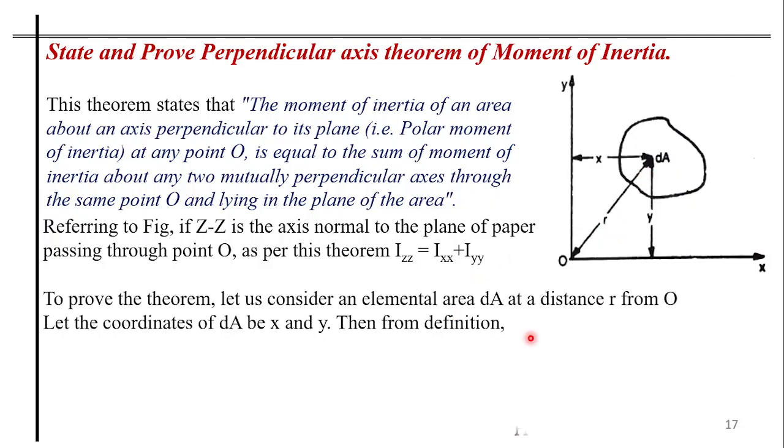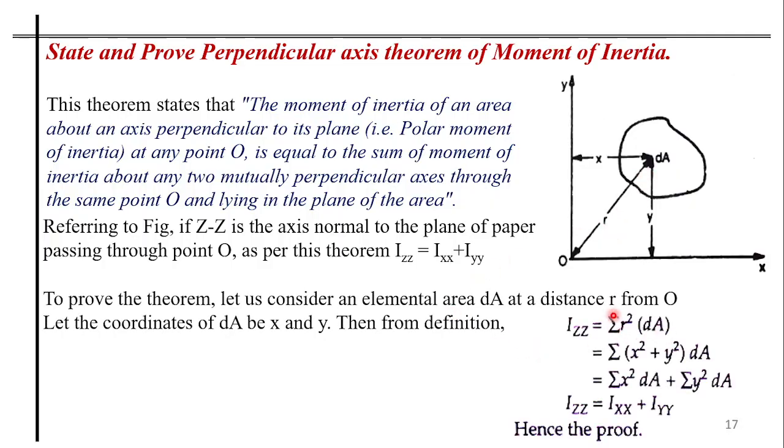So dA into r square, integration r square dA. Integration r square is nothing but, from the right angle triangle, I can say it is nothing but (x square plus y square) dA. Okay, so integral x square dA plus integral y square dA. So this is going to be Ixx, this is going to be Iyy. So Izz is equal to Ixx plus Iyy.